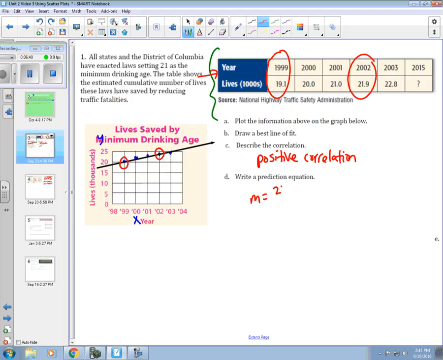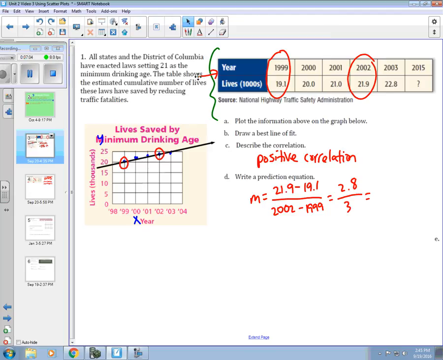So if we subtract our y's, that's this data, over, subtract your years, 2002 minus 1999. That's 3 on bottom. On top, we're going to have 2.8. Divide those, and that's going to be your slope.